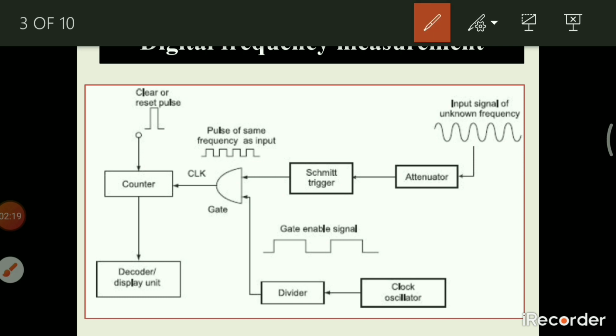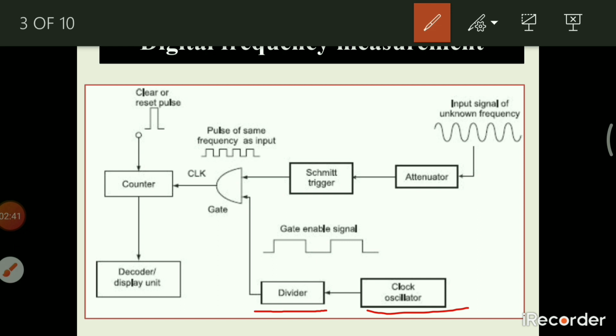First is the clock oscillator. The function of the clock oscillator is to produce a train of pulses, a train of square pulses. Then the second block is the divider. The divider is used to select the range of frequency.